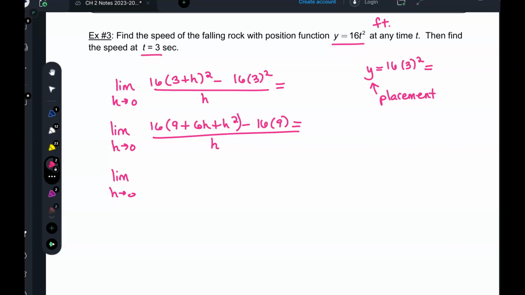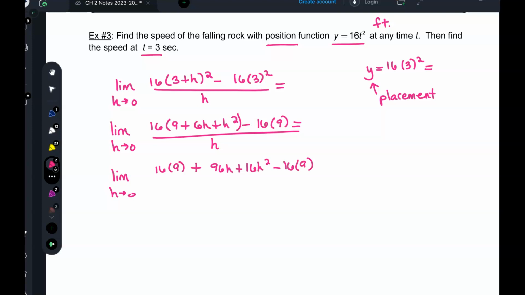So the position is the placement, the height. This function is the position at any time t. Now I want you to find the speed specifically at 3 seconds. If it was asking for the height at t equals 3, then you could just plug in 3. Here, 16 times 6, that's 96 plus 16h squared.